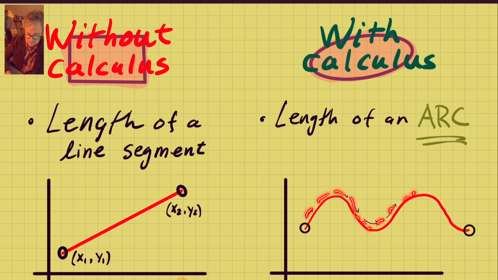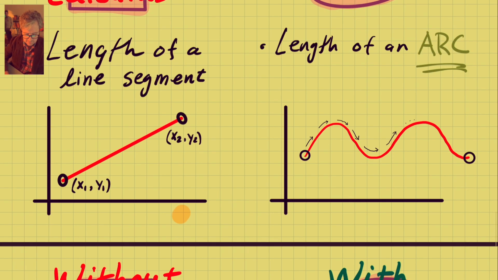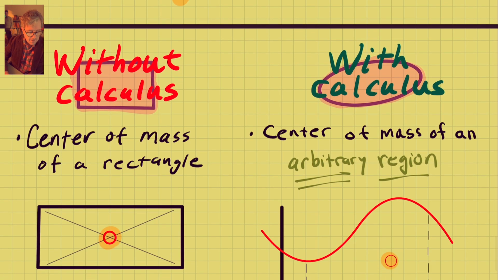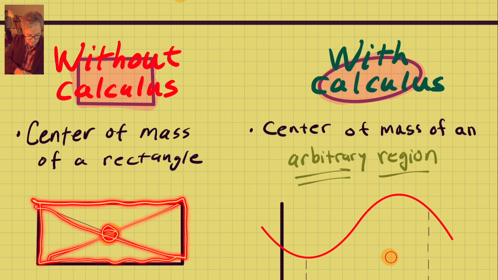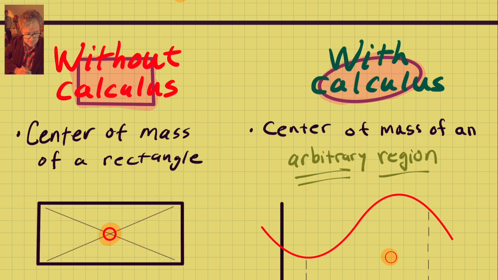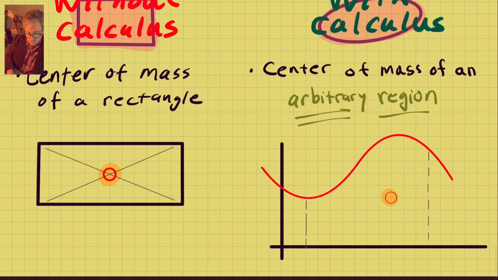This is an application that uses the machinery that we just saw, right? And this is one that we'll talk about in this class. Another big application is finding the center of mass, right? So if you give me a rectangle or a circle or a triangle, I can identify the center of mass pretty easily if it's a well-known shape like that. But what if it's an arbitrary region?